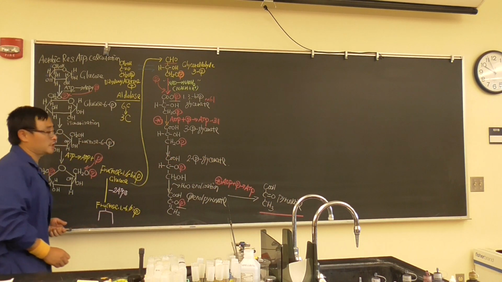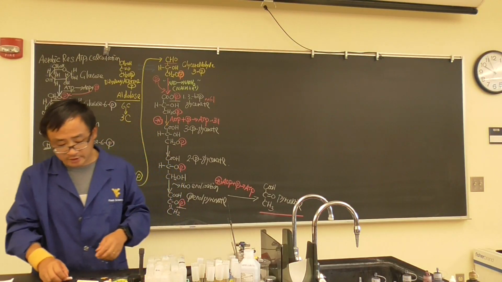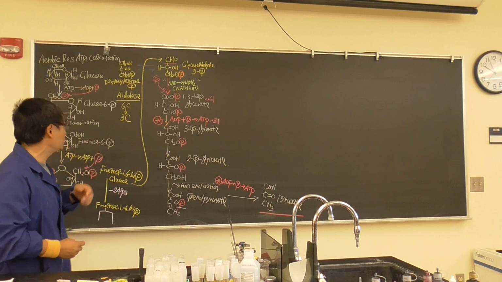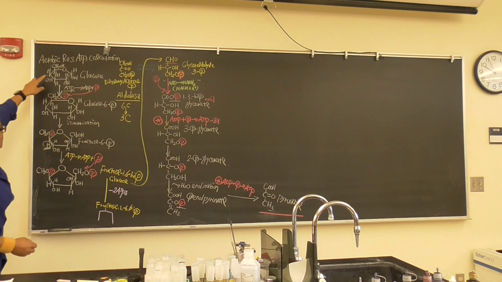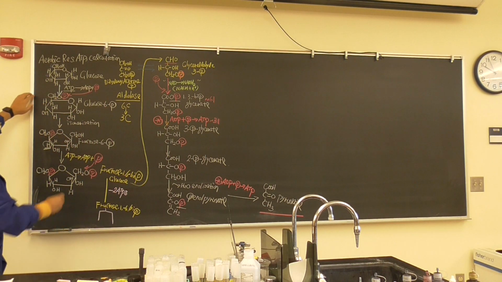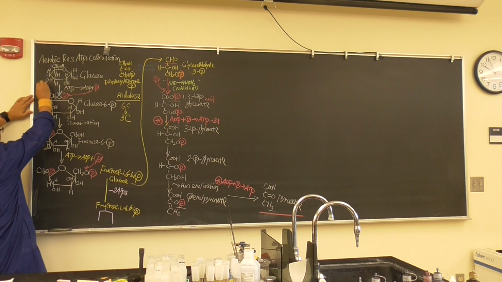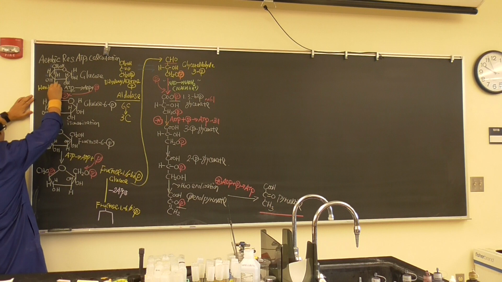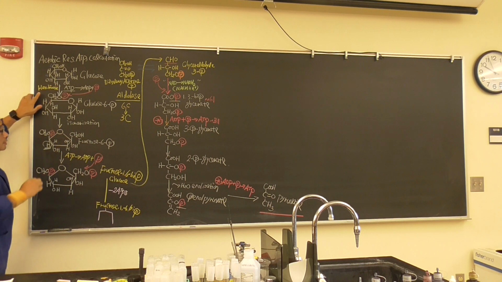Now, some of you asked about the enzymes. We don't require you to put the enzymes in the exam, but if you want to know, we could go over something. Glucose becomes glucose 6-phosphate. In fungi, this is hexokinase. That's what you learned in your biochemistry class. In bacteria, it's not using hexokinase.